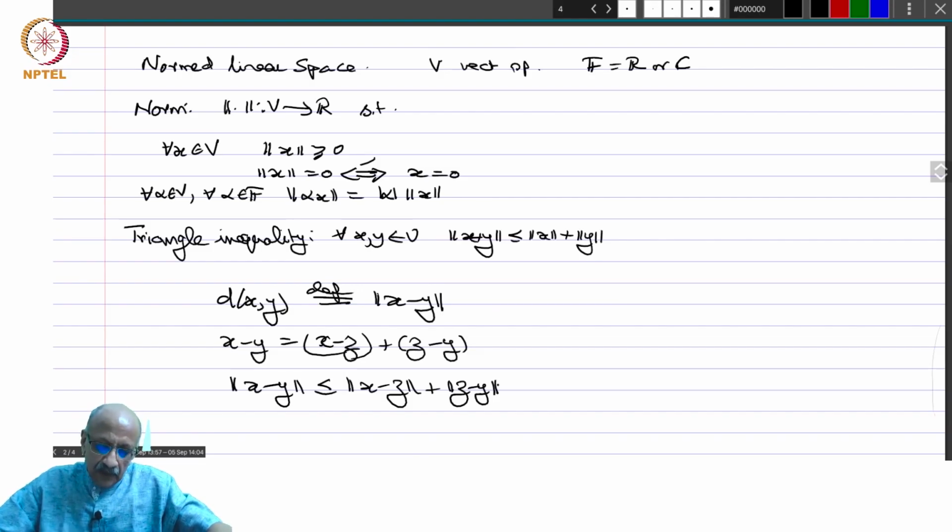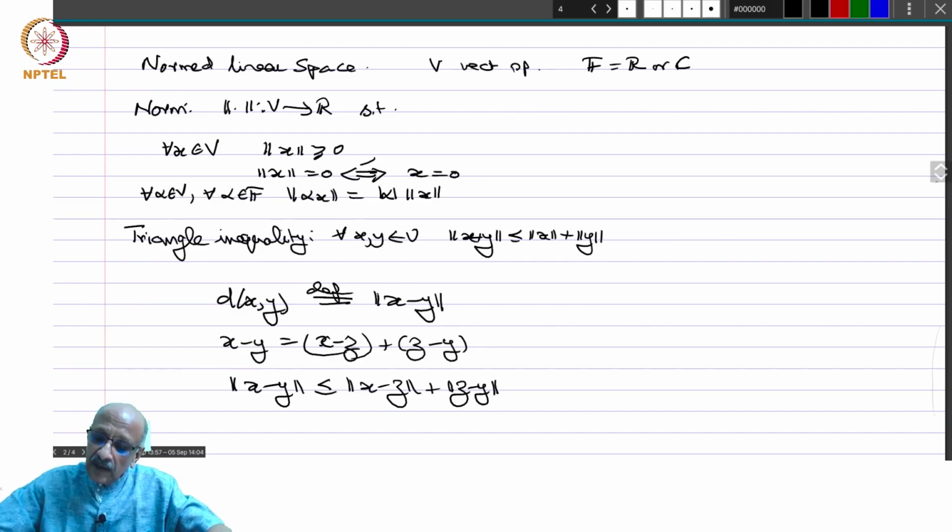So automatically a normed linear space gets a topology defined by this norm, which is a nice metric topology, and that is called the norm topology of this vector space.